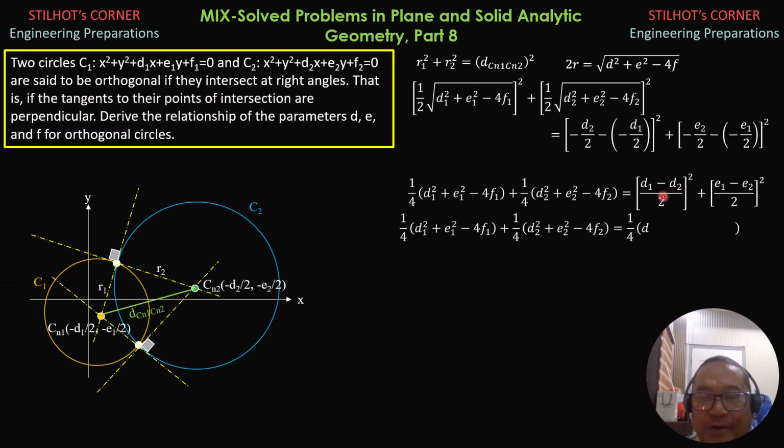So 1/4 of quantity d sub 1 squared minus 2 d1 d2 plus d sub 2 squared, plus 1/4 of quantity e sub 1 squared minus 2 e1 e sub 2 plus e sub 2 squared.